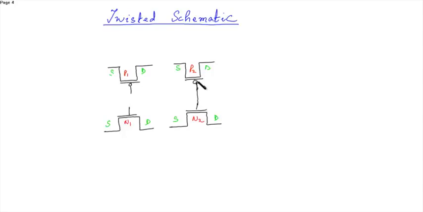This part is the inverter part actually. So these two gates are shorted. This is connected to VDD. This source is connected to ground. And the two drains are shorted.